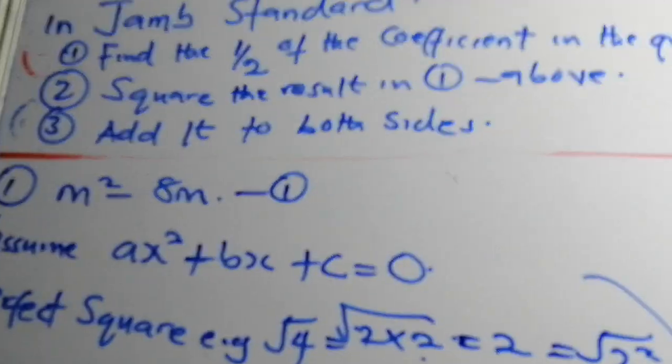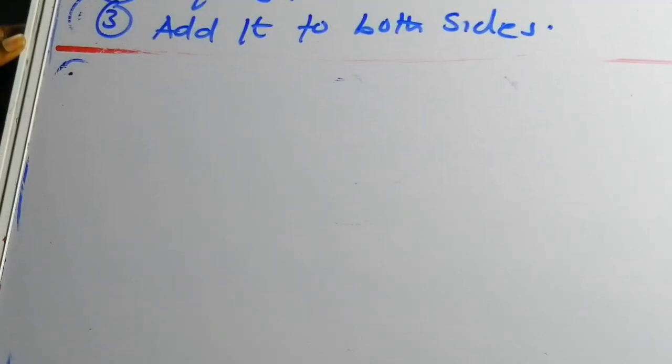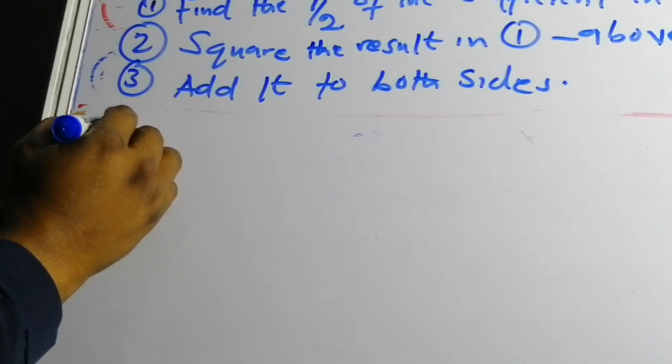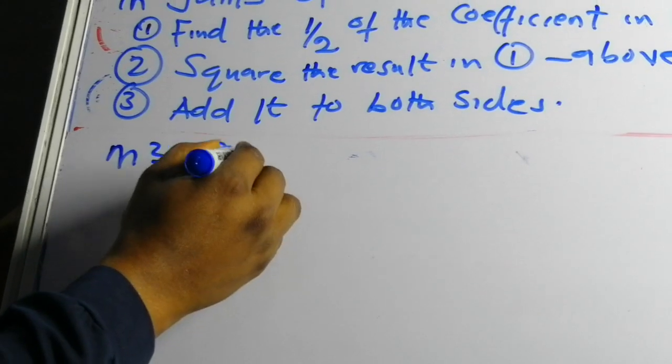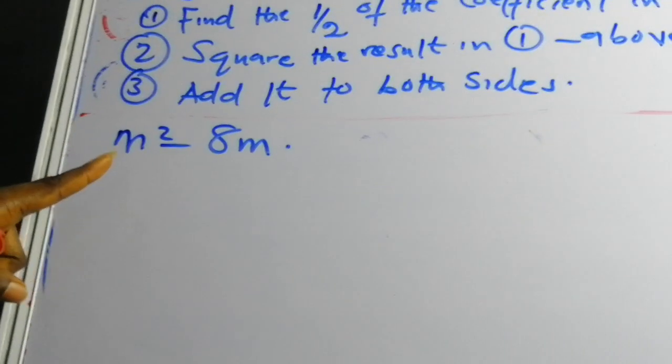So what we can now do here is very simple. If we look at the same question, I'm using the same question for JAM standard now. Let's say we have m squared minus 8m. Find the half of the coefficient in the question. What's the coefficient in the question?